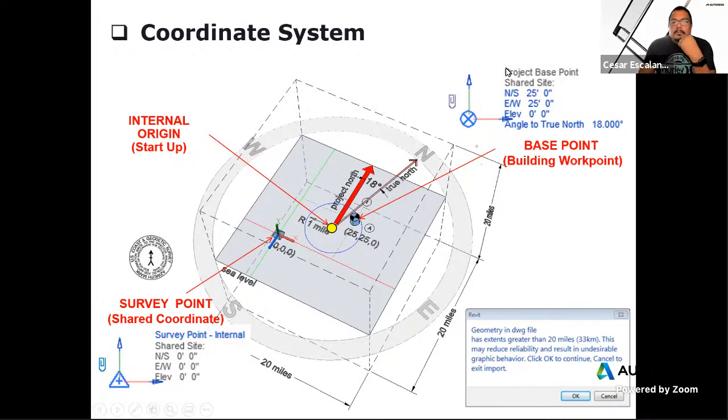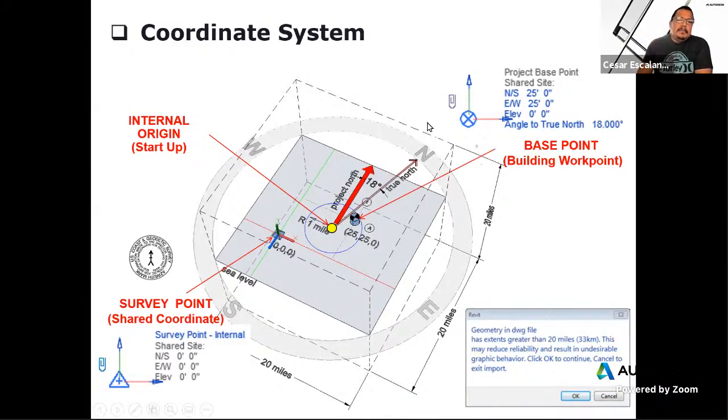And then the project base point defines a secondary reference system that allows architects and disciplines to define an alternate elevation reference. And why is this important?